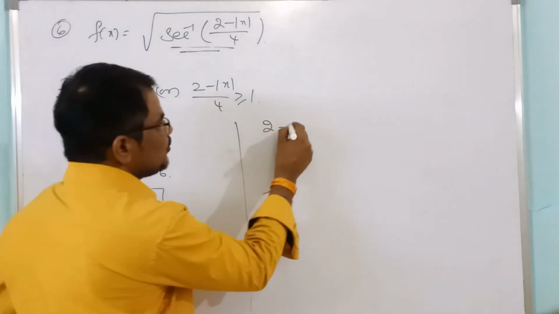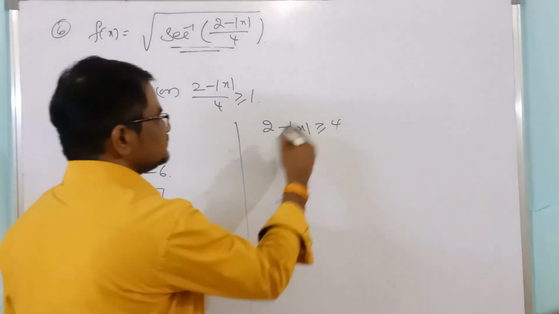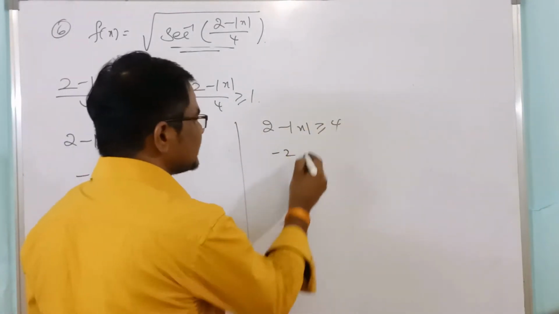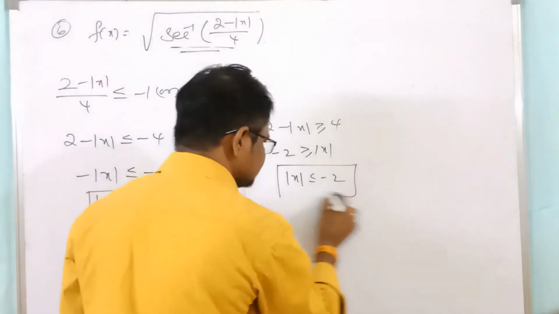Next come to this one. So this is 2 minus mod x greater than or equal to 4, no? And now minus 2 greater than or equal to mod x, so mod x less than or equal to minus 2.